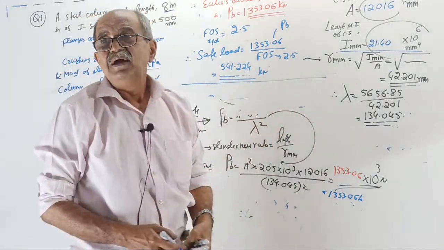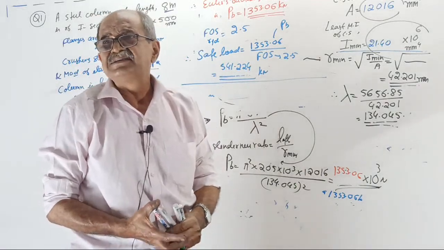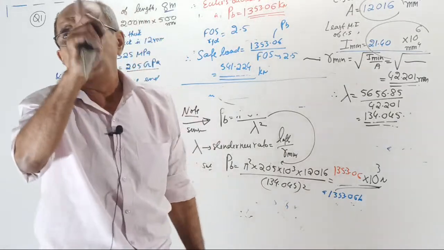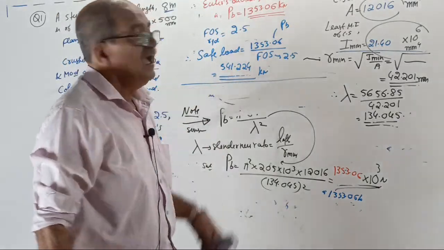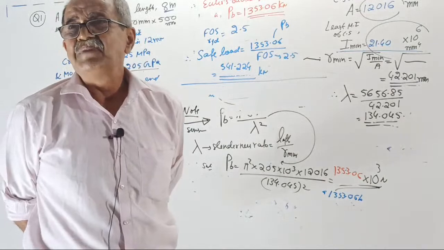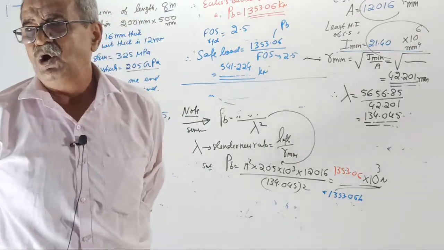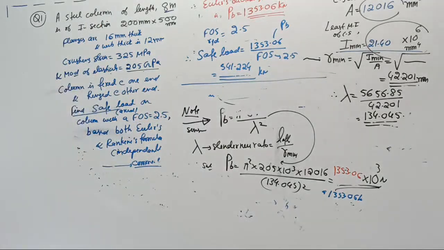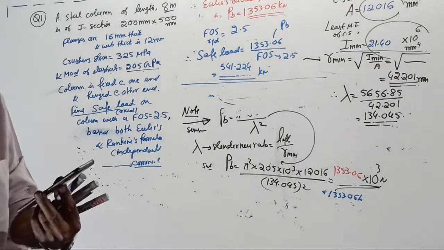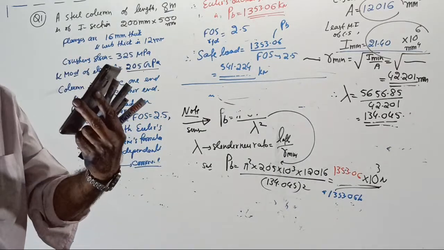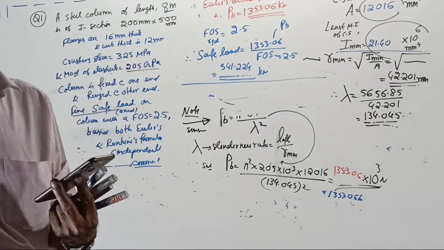Okay, remember. Now tell me, the permissible load based on Rankine will come more or lesser? Answer now. Common sense answer. This is the load allowed if you use Euler's formula. No, it will not be more.